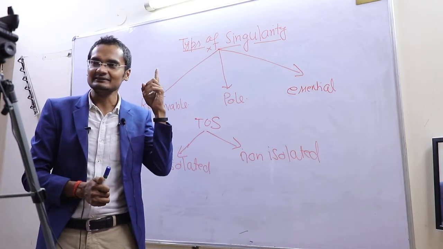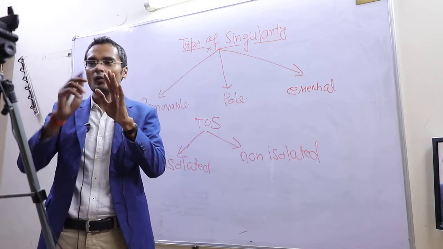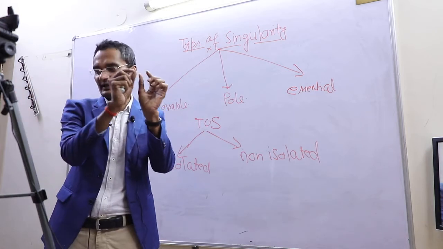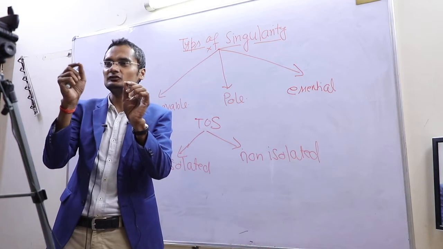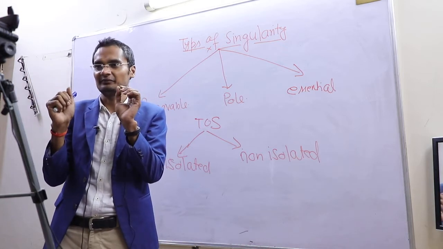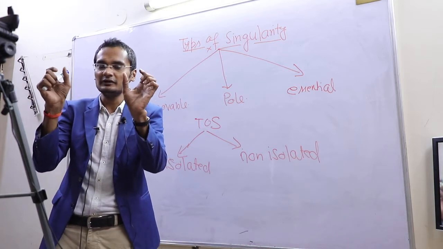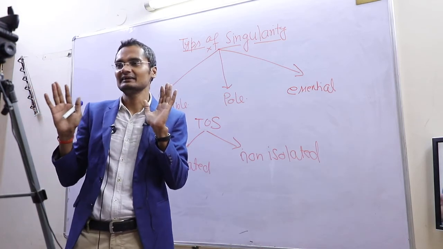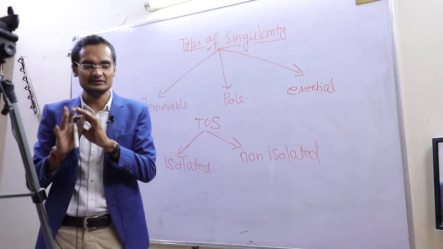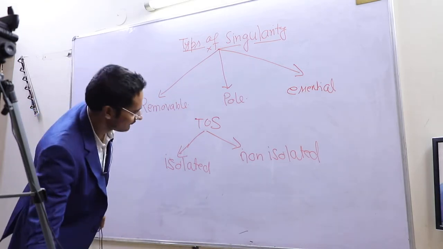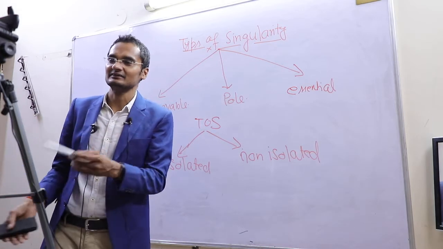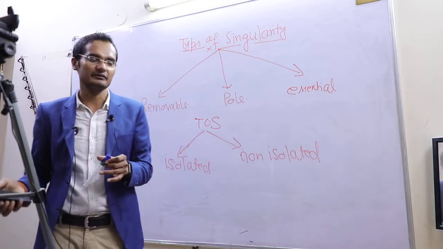Like we had seen the example 1 over (z minus 2)(z minus 3): one singularity was at z equal to 2, another at z equal to 3. Both were at some distance, and such a singularity is known as an isolated singularity.